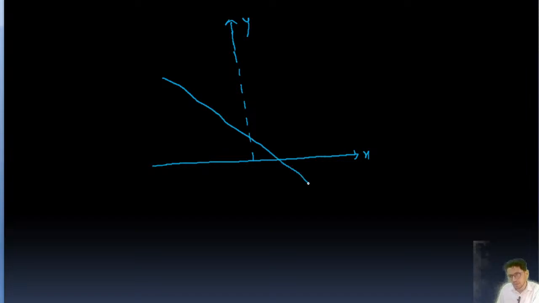This is the wave vector. These are straight lines, guys.